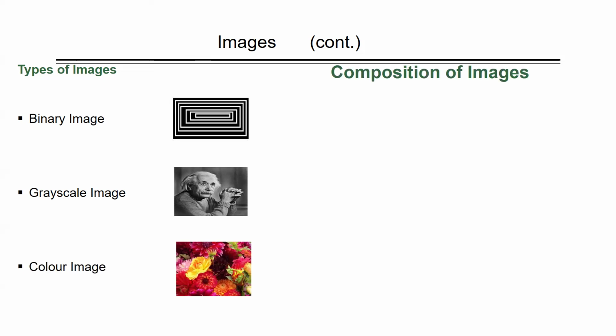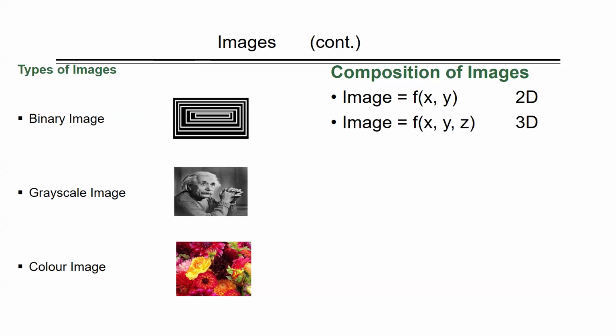And these images have various compositions, right? An image can be 2-dimensional, meaning you just have the X and Y axis of the image. It could be 3-dimensional, meaning you have X, Y, and Z axis. So in that case, you're looking at maybe solid shapes or solid images that are in 3 dimensions. And it can also be in 4 dimensions, and in 4 dimensions, it means you are considering time as the additional dimension.